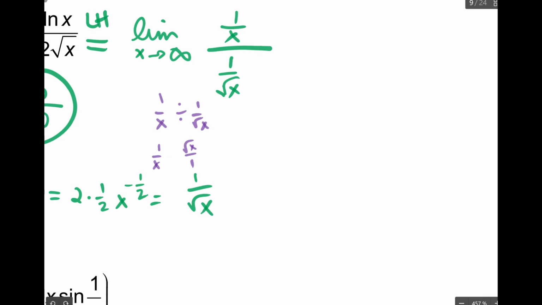I'm just going to rewrite this limit to make it look a little cleaner. So root x over x. Cool, right? So as I take the limit as x approaches infinity, what happens?